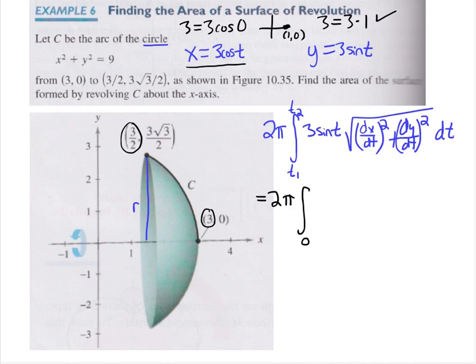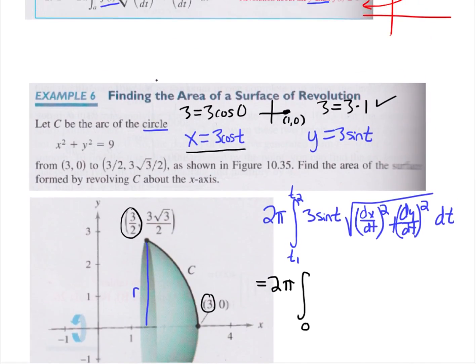Okay. And then I'm running out of space here. Let's scroll up a little. There we go. And say, well, how do we get 3 halves? So we get 3 halves if we're at 3 cosine of what t value? Let's just see if we can solve for t there. I'm going to divide both sides by 3, and then I'll have 1/2 equals cosine of t, and I can just apply the arc cosine to both sides.